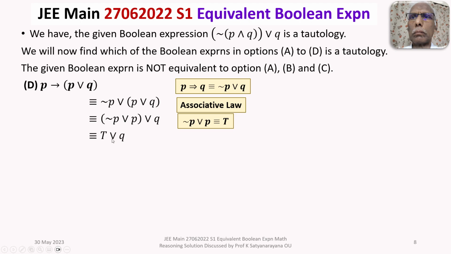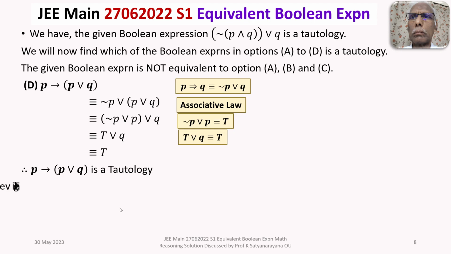This is T or Q. And T or any statement will be T only. It is logically equivalent to T. That means it is returning the truth value true for all truth values of P and Q. Therefore, it is a tautology. When it is a tautology, the given expression is also a tautology.